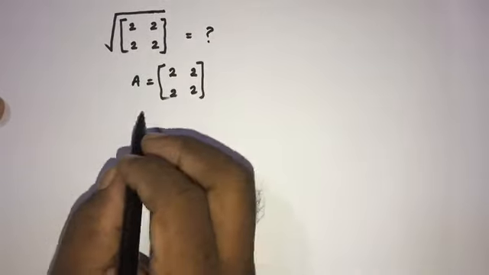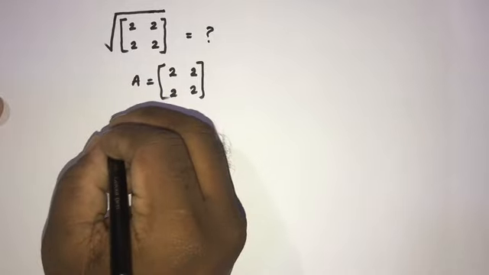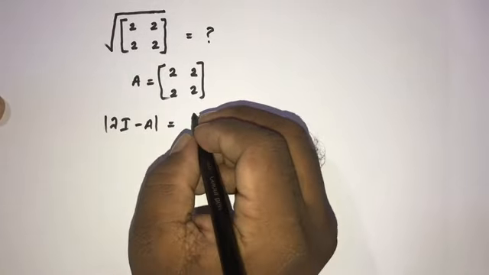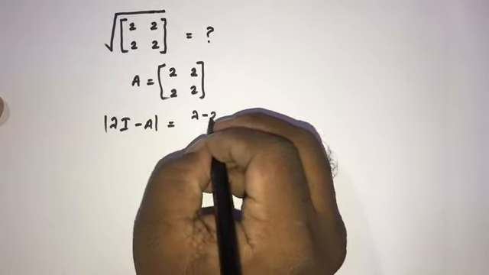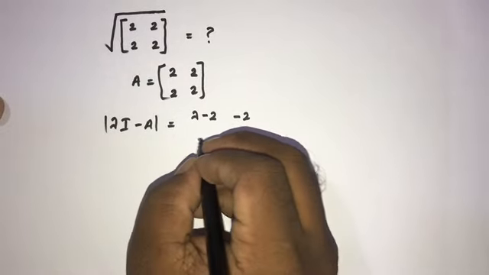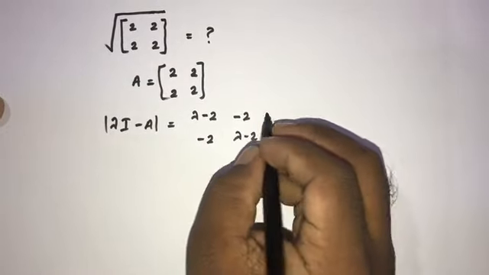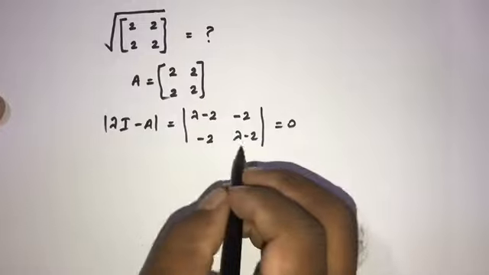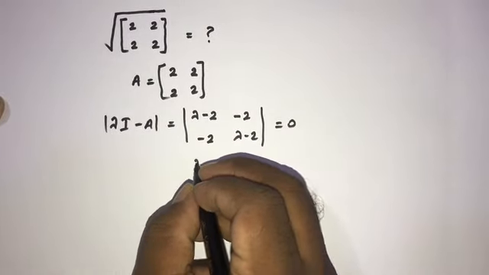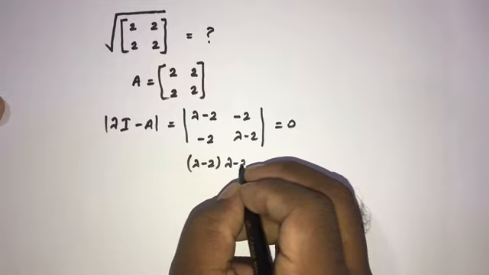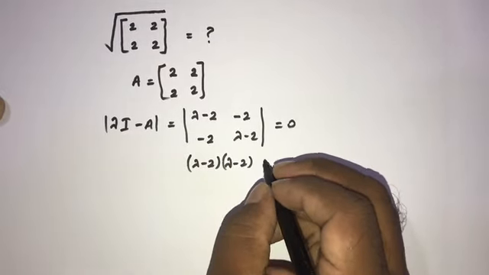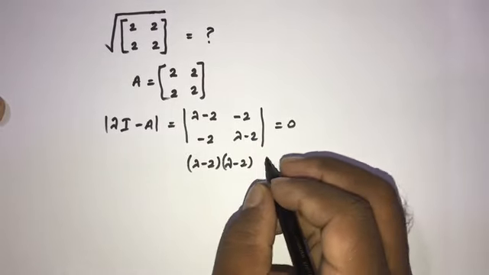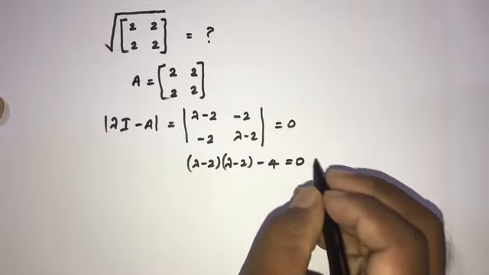Now we are going to find the eigenvalues. We can write the determinant of lambda I minus A, which is [lambda minus 2, minus 2; minus 2, lambda minus 2], equal to 0. Simplifying, we have lambda minus 2 times lambda minus 2, minus 2 times minus 2 gives plus 4, so minus 4 is equal to 0.